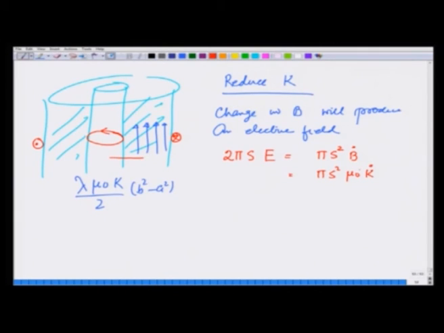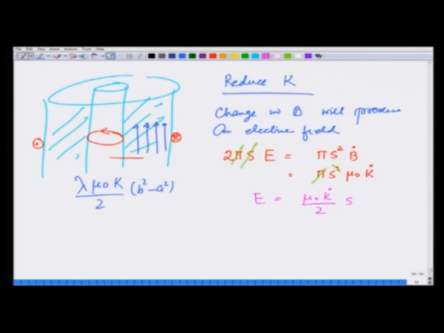That is the electric field formula. So, again if I cancel s, one s goes away, pi goes away, I get electric field is equal to mu 0 k dot over 2 s. That is the electric field produced.